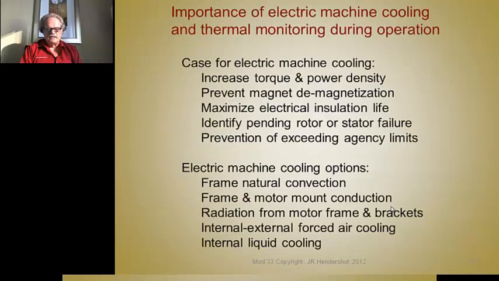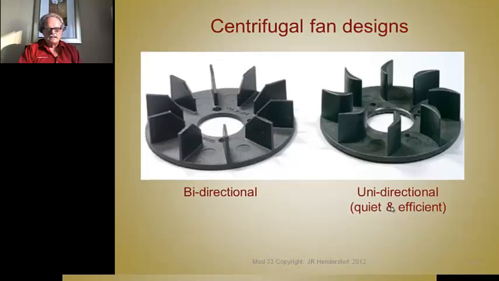In some applications, there are even fins provided on the mounting flange for the motor to aid in cooling, and because you get radiation cooling from these, not just convection, but you get radiation cooling from the frame and the brackets. Then there's forced air cooling, either internal or external. Then finally there's internal liquid cooling.